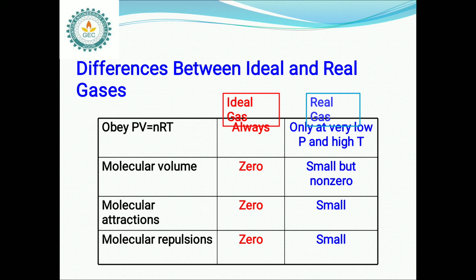Second condition, molecular volume for an ideal gas is always 0; for a real gas it is small but non-zero. Third condition, molecular attractions for an ideal gas are always 0 and for real gases small. Last condition, molecular repulsions for an ideal gas are 0 and for real gases small.